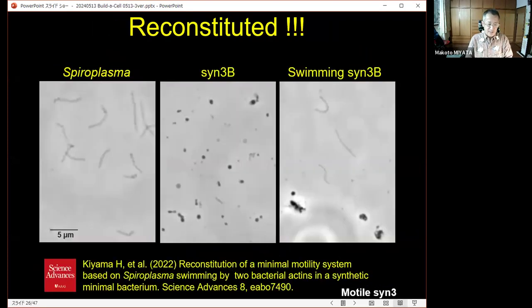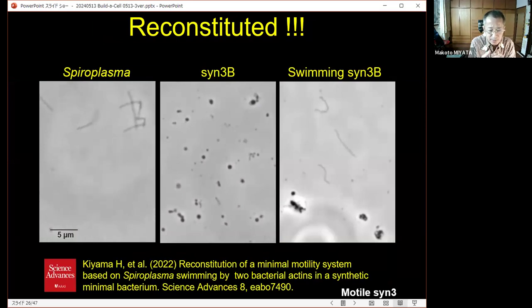Here is a representative video of this minimal swimming motility system. The leftmost panel is a real-time video again. It's a kind of goal: the real spiroplasma swimming. The middle is the SYN3. Most cells are just spherical, and the cell size is not very uniform.